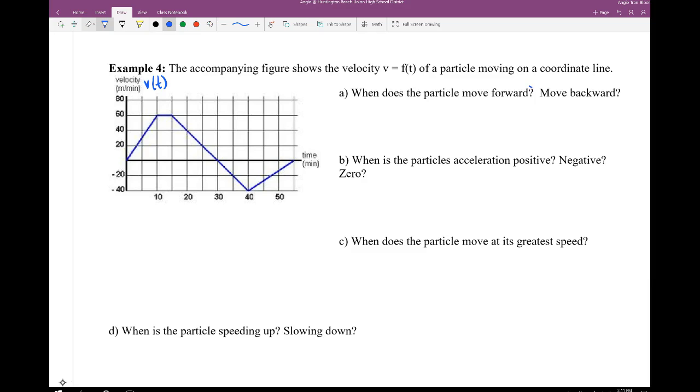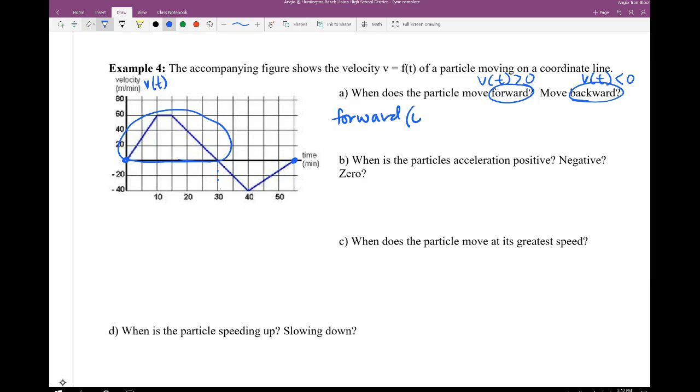So keep in mind that moving forward, or moving right, is when the velocity is positive. When does it move backward? Moving backwards is when the velocity is negative. Okay, so this is already velocity. Would you agree the velocity starts at 0, assuming these are closed dots? And it's positive from all the way there, and this is like 30. So moving forward, it starts at 0, so technically at 0 we're not going anywhere yet, right?